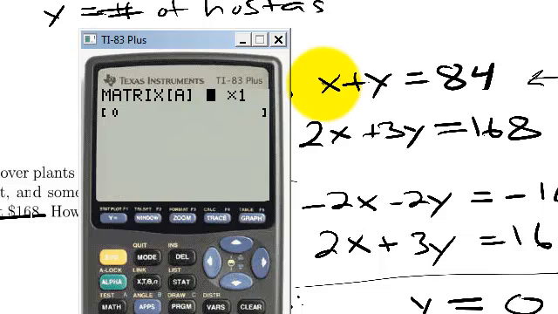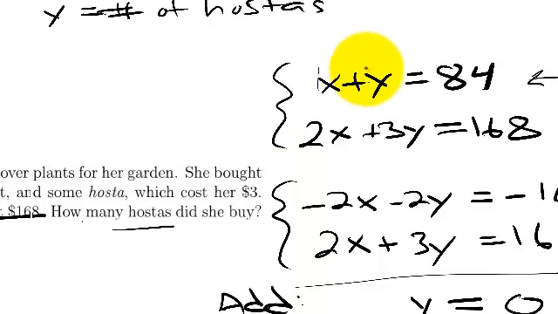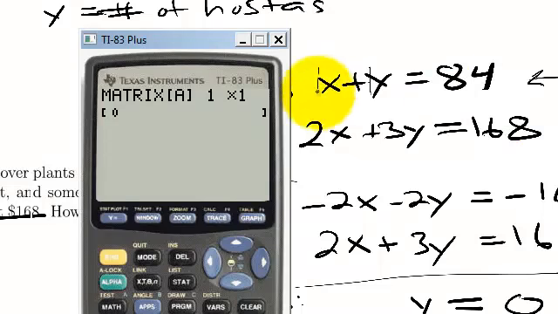Now we're going to enter in the coefficients, the numbers that are in front of the variables. The first number tells us the number of equations we have, which is 2, the number of rows. The second number tells us how many columns we have.